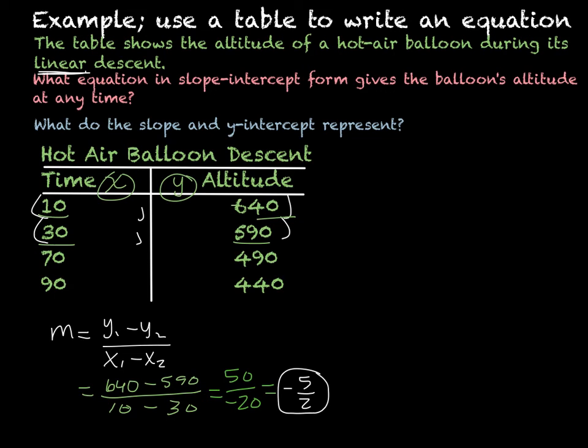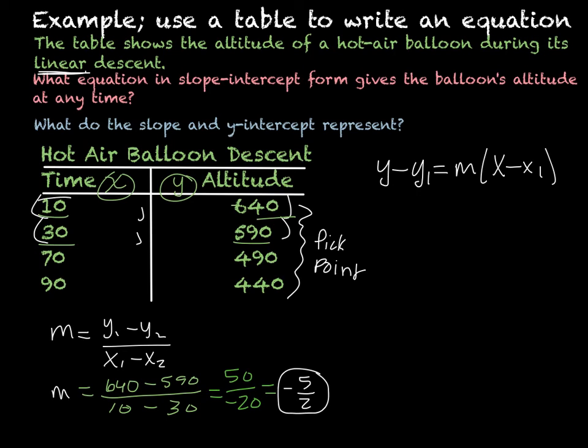So now I can pick one of those points, or any one of these points, and then put it into point slope form. So point slope form is y minus y1 equals m times x minus x1. So before we just called this my x1 point, so I'm going to just use this point right here and put in what I know.